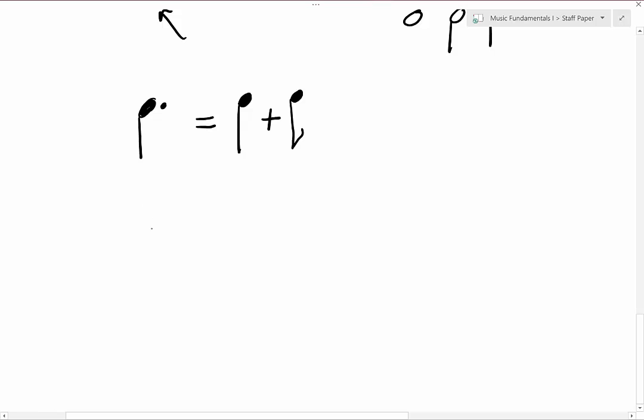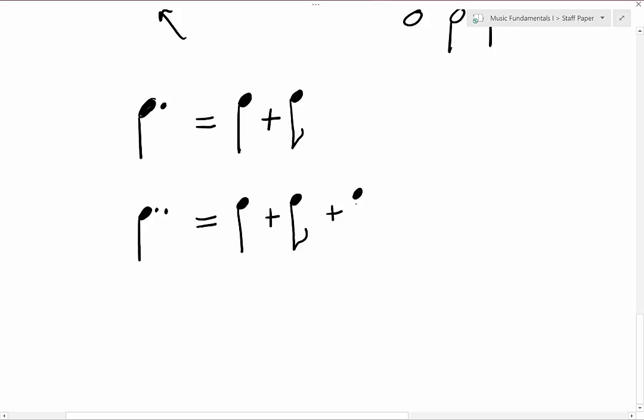We can also, additionally, this is a little bit more advanced, you're going to see it less often, but since we're here, there is also something called a double dot, two augmentation dots, like that. And what that is, it takes the original note value plus half of the original note value's duration, and then additionally, this is what the second dot is for, a quarter of the original note's value.